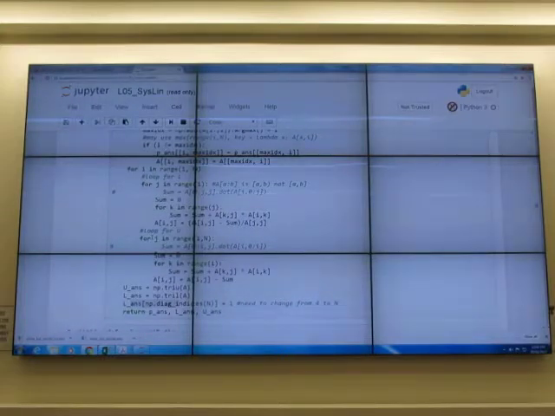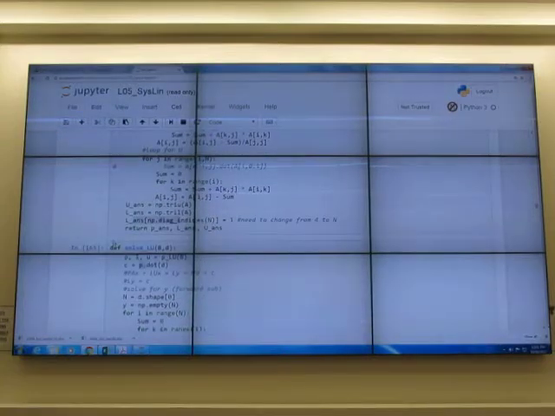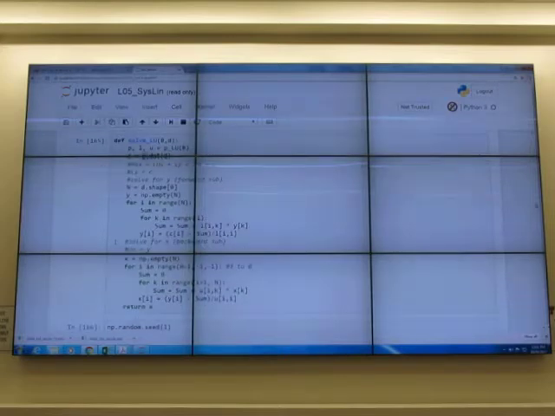For loop i goes from 1 to n, then for j goes from 1 to i minus 1, sum, and then we have k. Or i, j, k. So that's 3 nested loops, right? For forward and backward substitution, it's just 2.